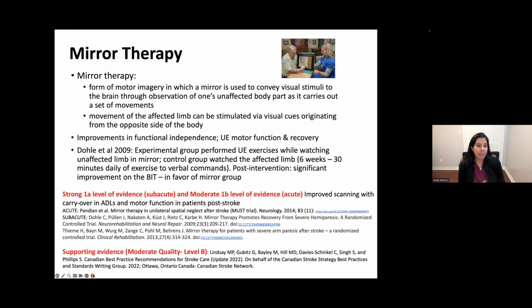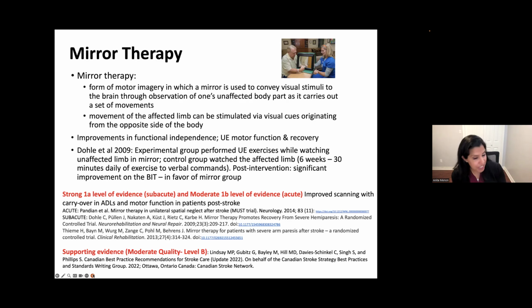And so what we found is that, of course, mirror therapy has all sorts of impacts. It's found to have an important impact on improving upper extremity motor function following stroke, and promoting functional recovery along with improved functional independence.